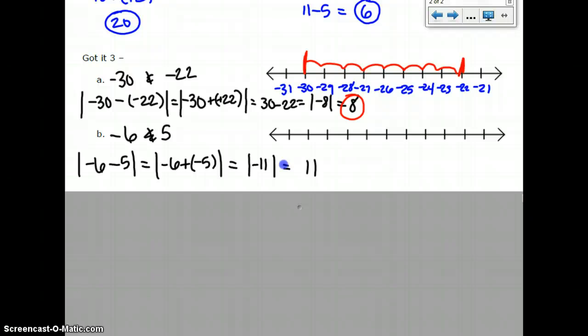The correct answer is 11. Okay, if you're comfortable with Got It 3, go ahead and turn over to Got It 4. We just have one more problem left.